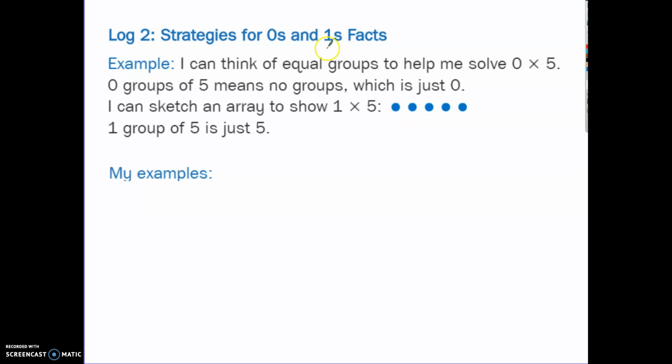And anytime you multiply a factor by 1, you always get the other factor. So 7 times 1 is 7. 15 times 1 is 15. 17,000 times 1 is 17,000. Okay? 1 times 0 is 0. 5 times 0 is 0. 20 million times 0 is 0.